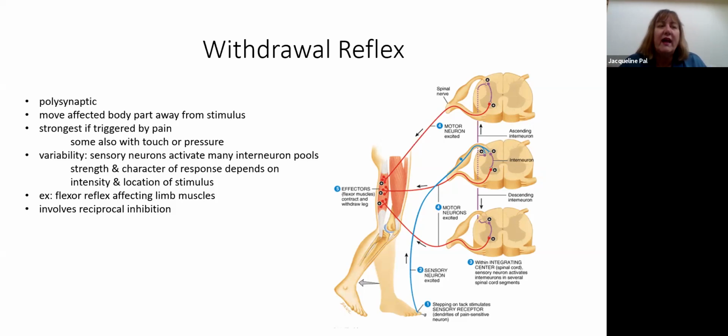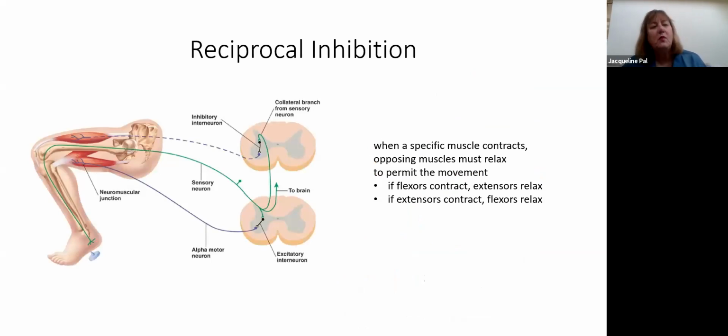But the way this happens is through this process known as reciprocal inhibition. So what that means is when a specific muscle contracts, the opposing muscles must relax, okay? So if the flexors are contracting, the extensors are relaxing; the extensors are contracting, the flexors are relaxing. Okay.